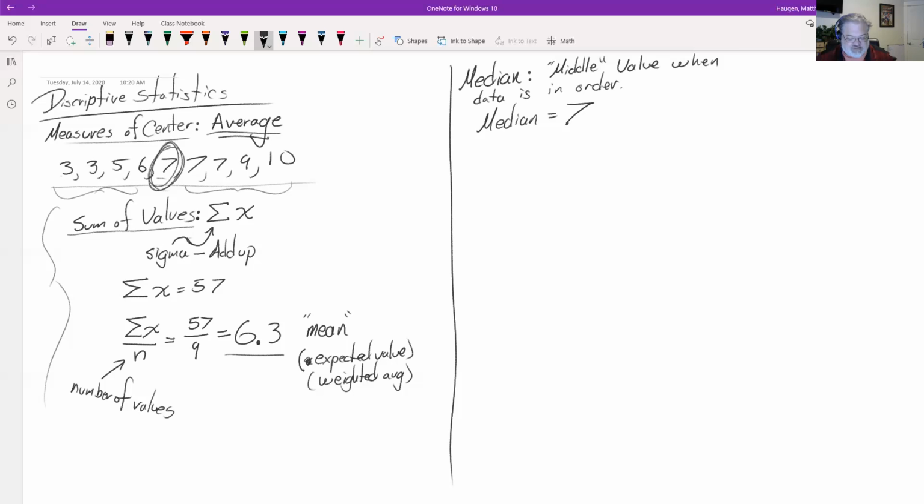The median doesn't care that those smaller numbers were 3s and 5s and the bigger numbers were 9s and 10s. It's not affected by larger or smaller values on the outside. All it cares about is what value is in that center. Does that seem reasonable? We'll talk about why that has advantages and disadvantages as we go along.